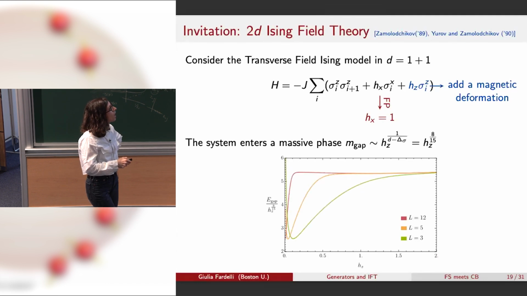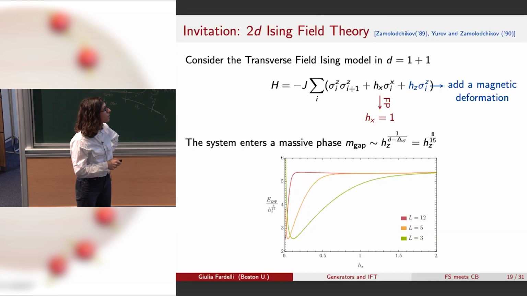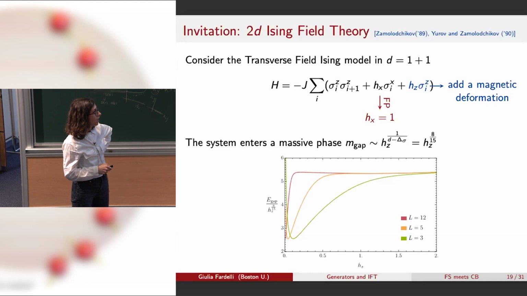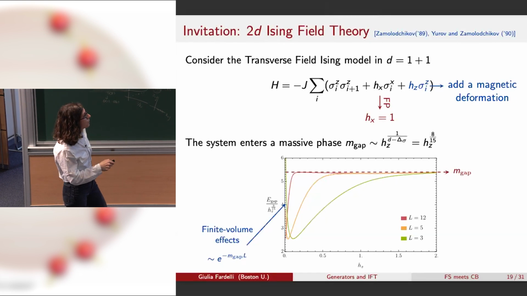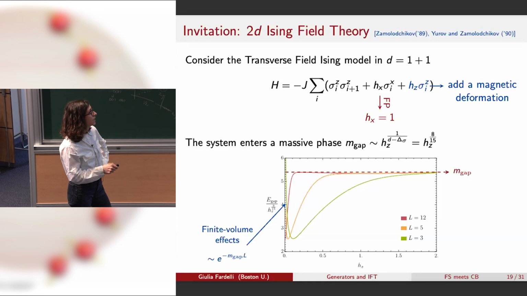This is how the energy gap looks as a function of the Hz parameter for different values of the lattice size. You see that all these lines, maybe apart from L equal to 3, flatten out. This is what we would expect to be the mass gap, because it goes as this power, so if we divide the energy by this power, the constant term is what we expect to be the mass of our first bound state.